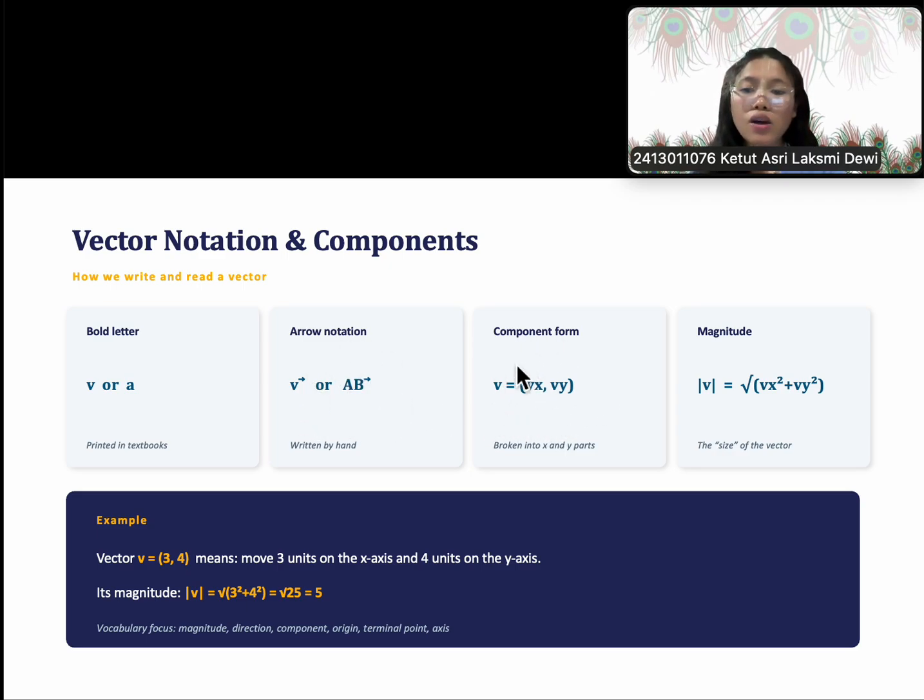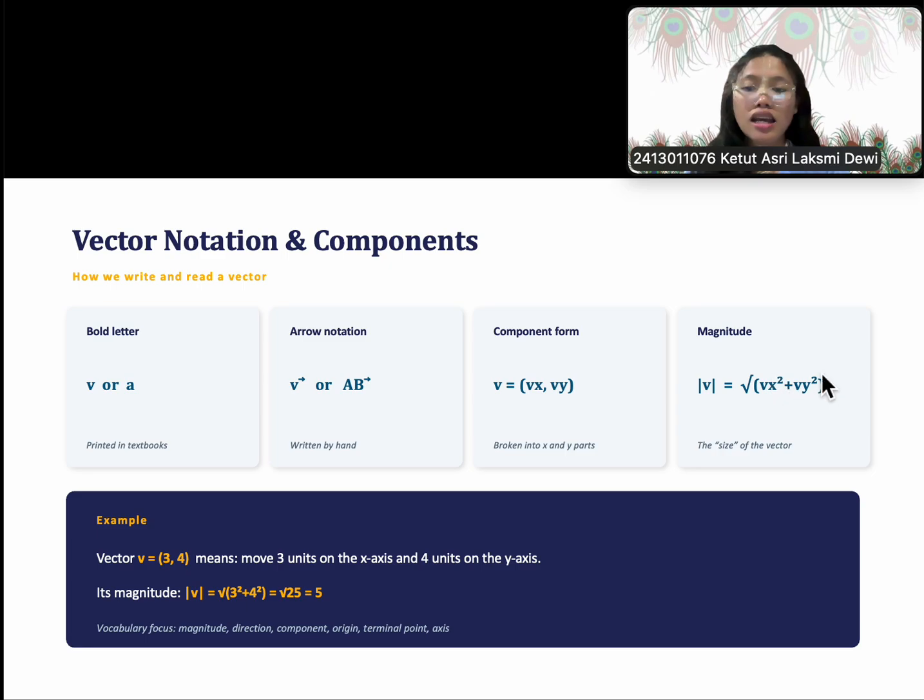And third, we can also write a vector in component form, which means the vector is broken down into its x part and y part.